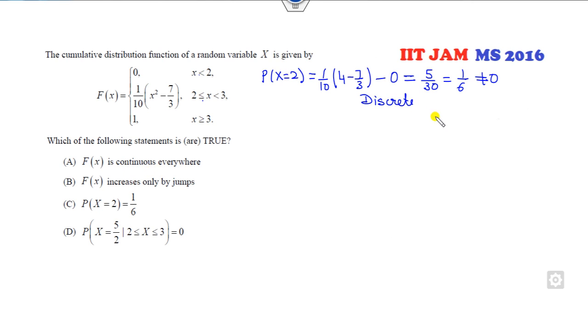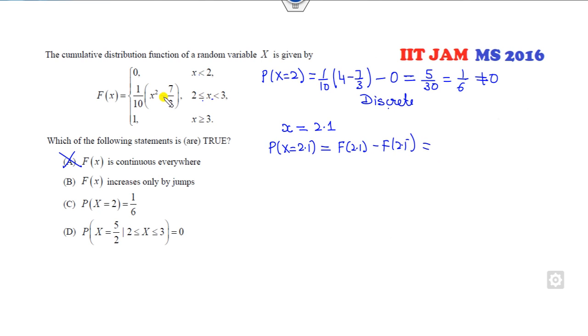Is it continuous everywhere? No, it's a discrete problem. F increases only by jump. Again, okay, you can see if I take any value in between the two points, like say 2.1, what is the probability at 2.1? F of 2.1, f of 2.1 negative.